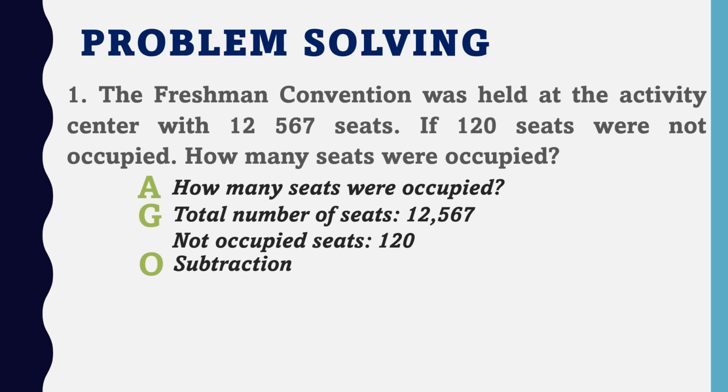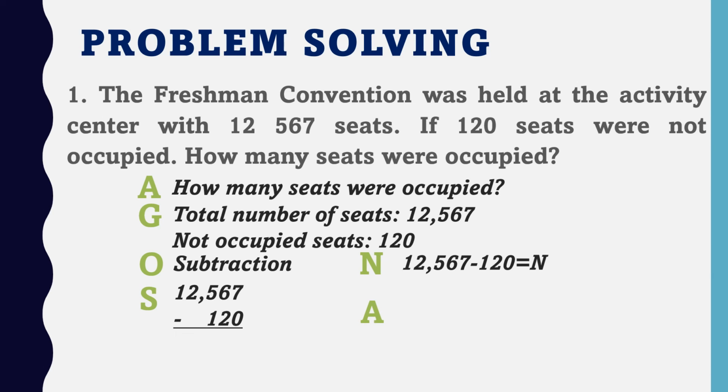Now our operation is subtraction since we have to subtract for us to get our answer. Subtract the number of seats with that of the unoccupied seats. And then for number sentence, of course, we write it as 12,567 minus 120.